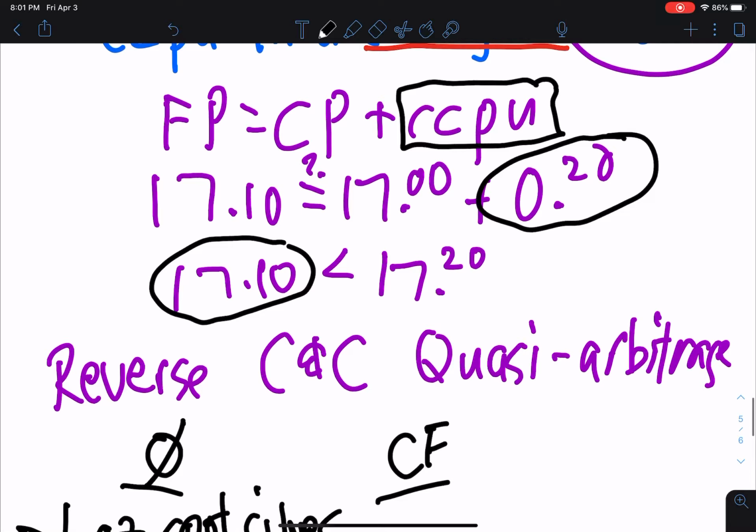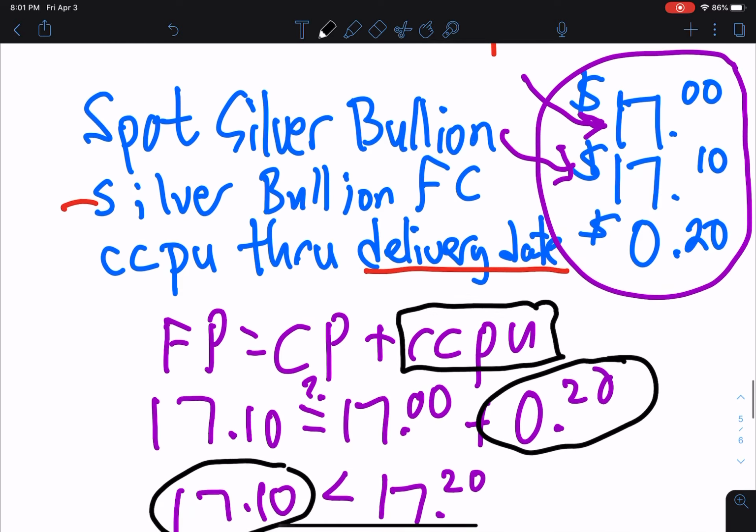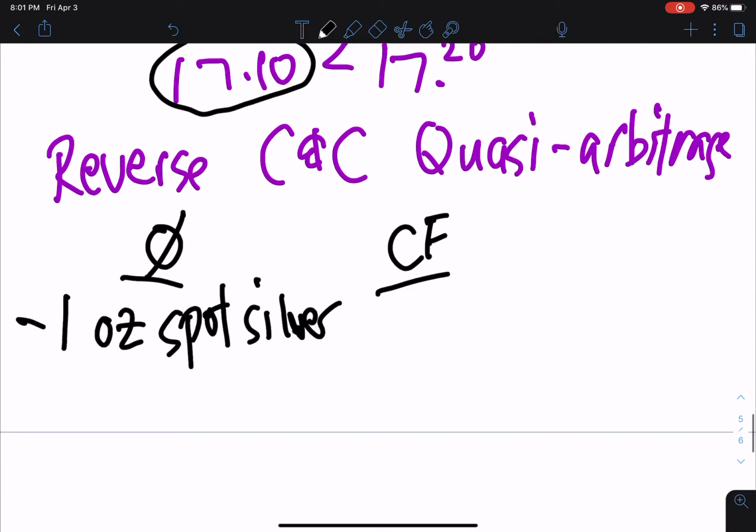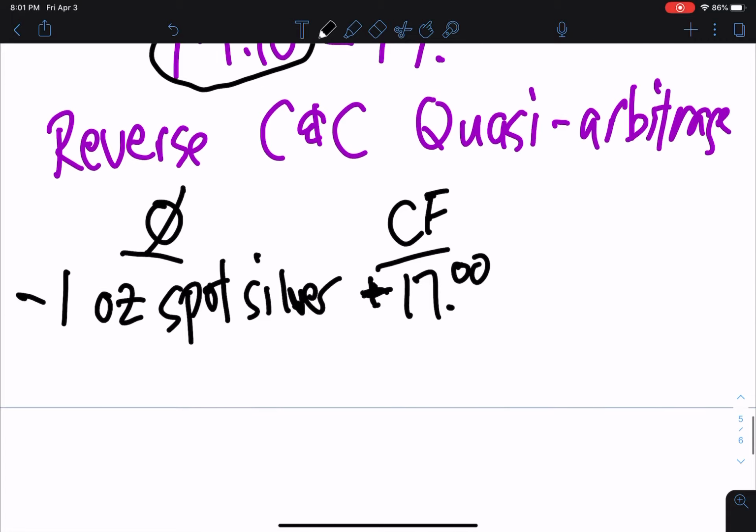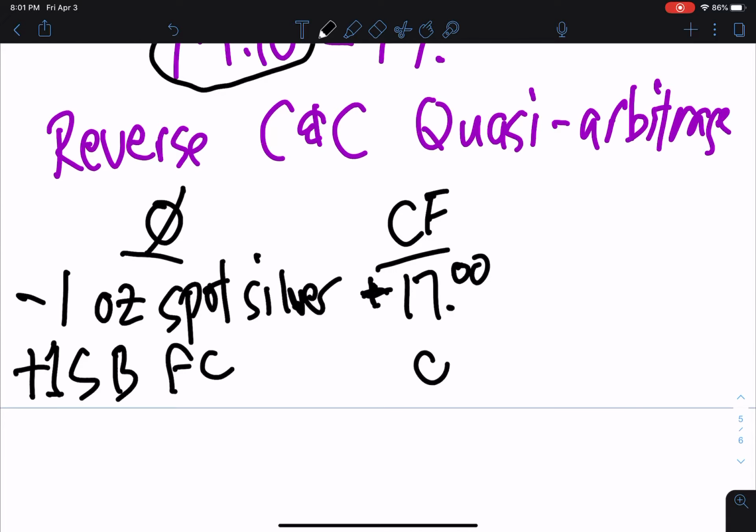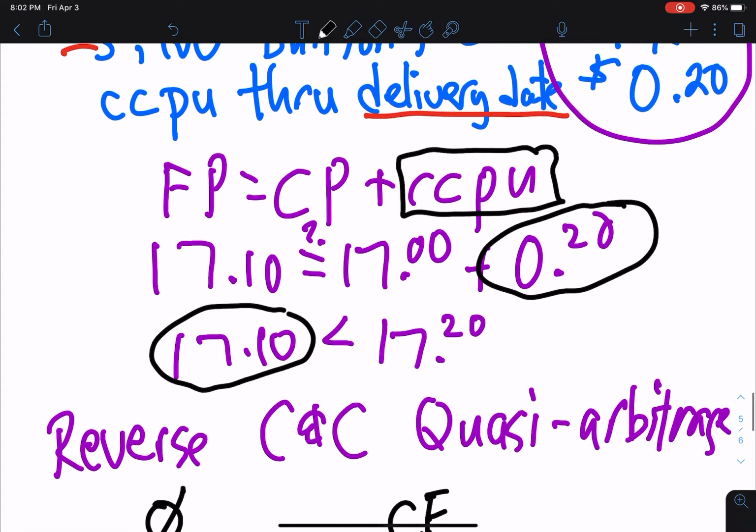Well, spot silver is $17. So we're going to receive $17 coming into us. And of course, we do the opposite with the silver bullion futures contract. We go long 1 silver bullion futures contract, and there's no cash flow associated with that. That's just locking in a price of $17.10 at some time in the future.